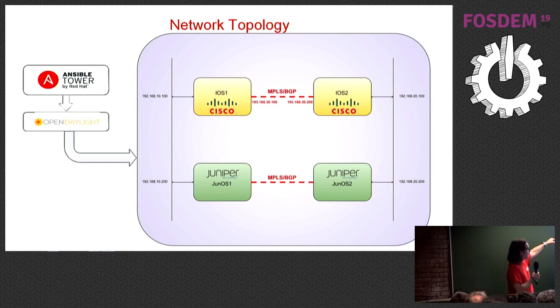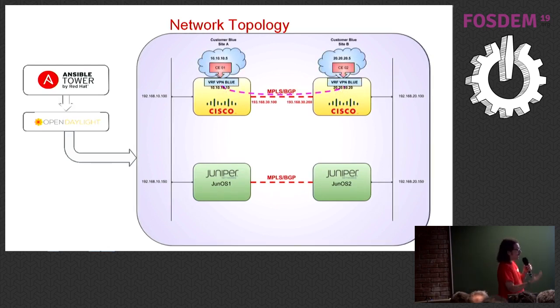and from Ansible Tower we will instruct OpenDaylight to create a VPN between 2 of these PE routers. So once the VPN is created, we will be able to see 2 of these C routers being able to ping each other, right? So in the end, OpenDaylight, knowing the topology, will execute the L3 VPN Ansible role, and the provider roles will connect to, for example, the Cisco boxes.